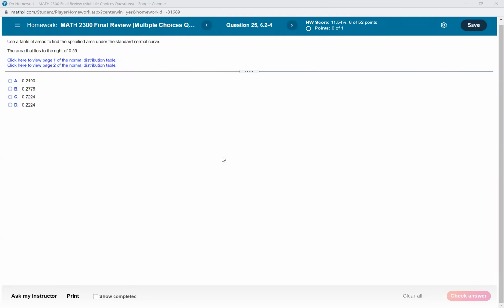The next question is to use a table of areas to find the specified area under the standard normal curve: the area that lies to the right of 0.59.